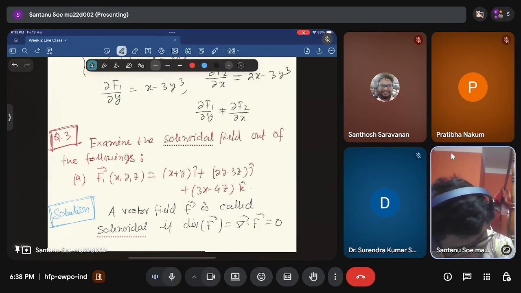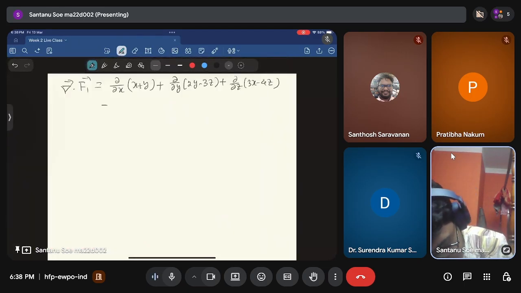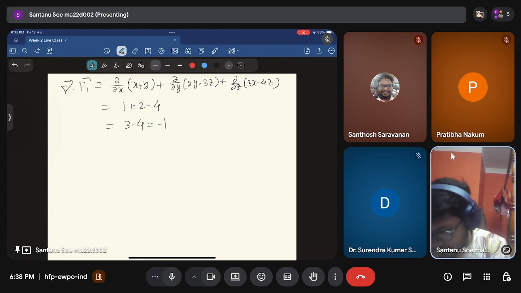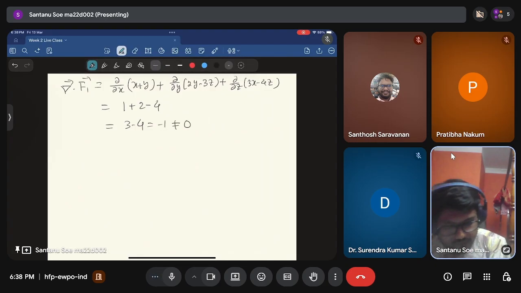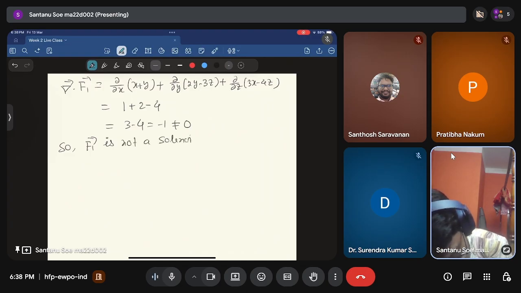I hope this is clear. And this is just 1 plus 2 plus, sorry, minus 4. So this is 3 minus 4 which is just minus 1, and this is not equal to 0, correct? So F1 is not a solenoidal field.